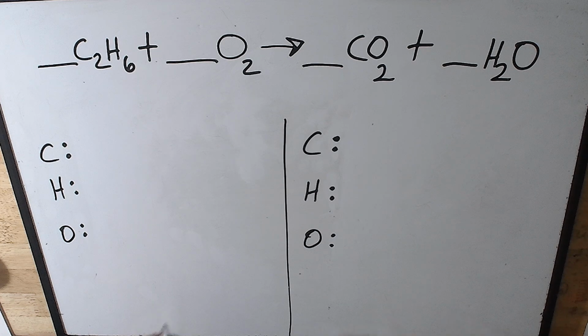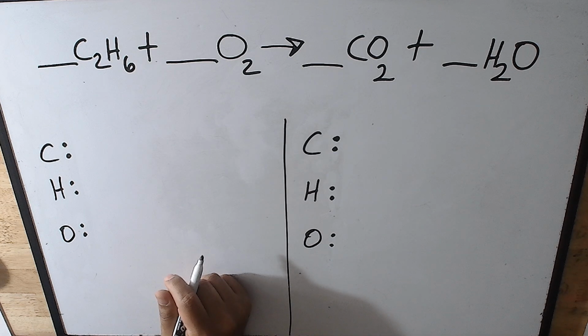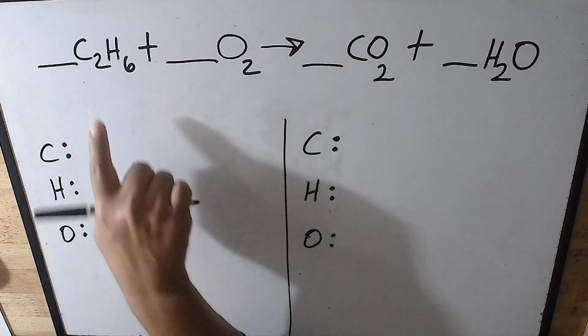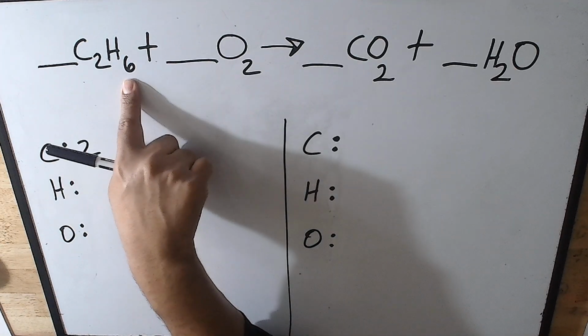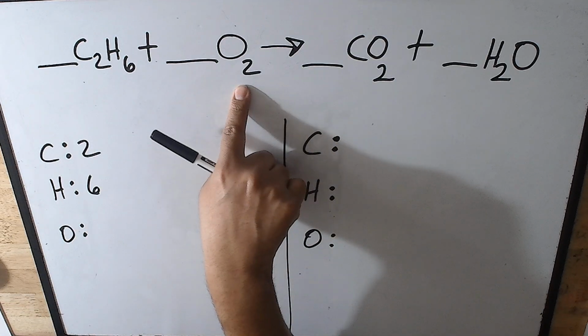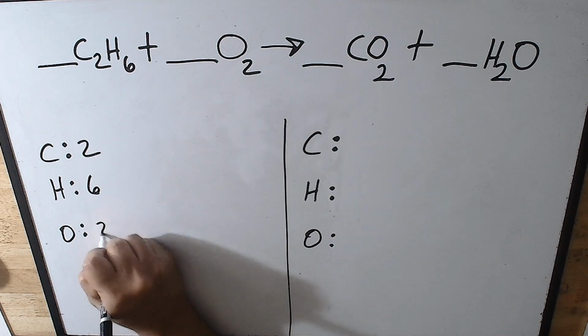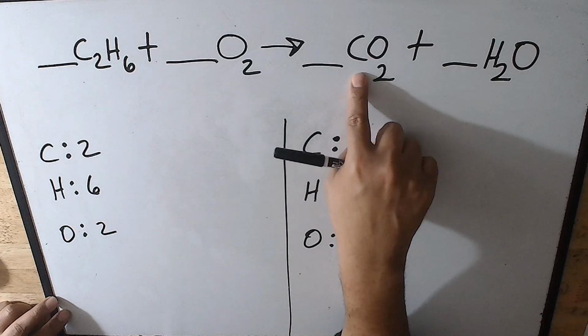So one of the first things that we need to do is find out how many atoms we have for each of the elements. So we have 2 carbon atoms, we have 6 hydrogen atoms, and we have 2 oxygen atoms. And then on the product side, we have 1 carbon atom.